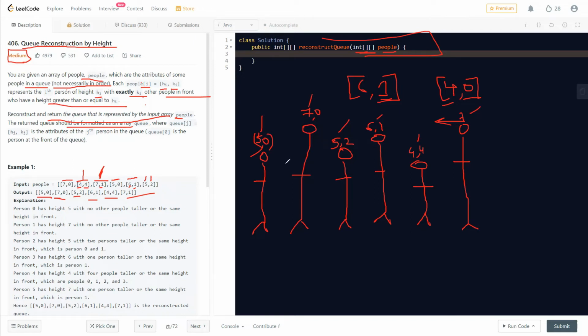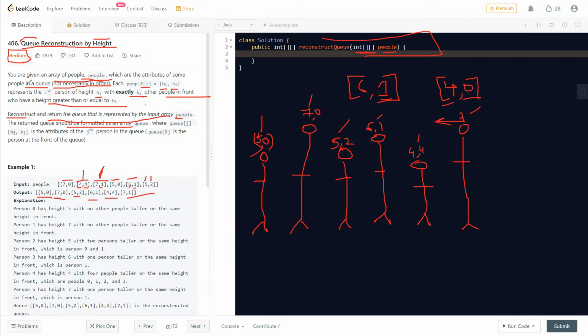Yes, this question is a bit confusing because throughout the question it didn't clearly say what to do. It just mentions reconstruct or return the queue, but the hint was there. It is not necessarily in order, so you need to reconstruct. When it says queue, queue always means first in first out, and we are to reconstruct this by height.